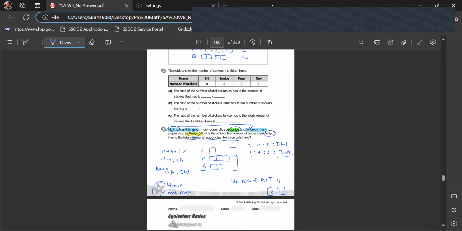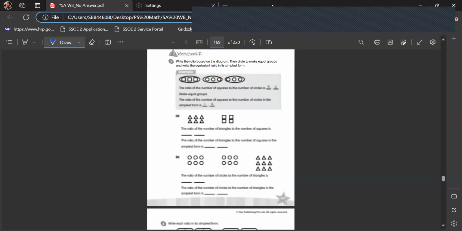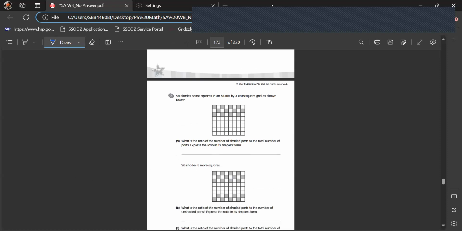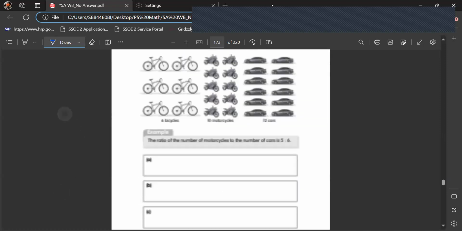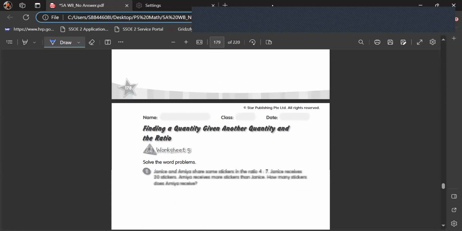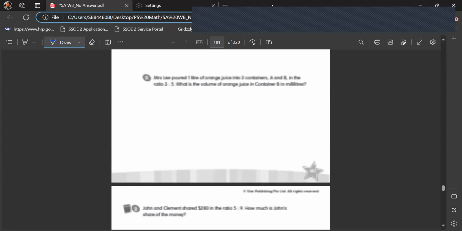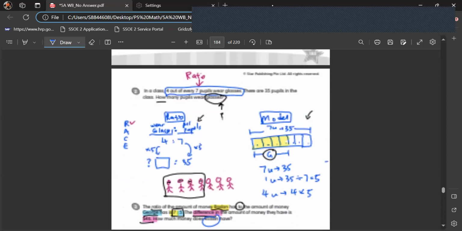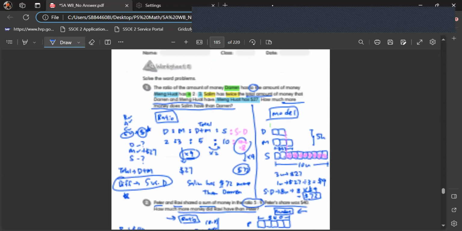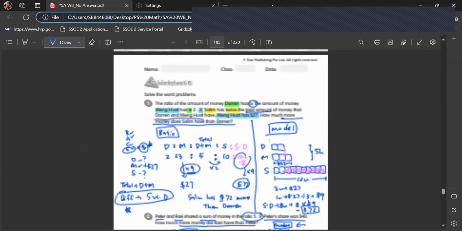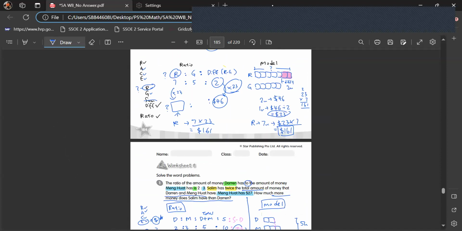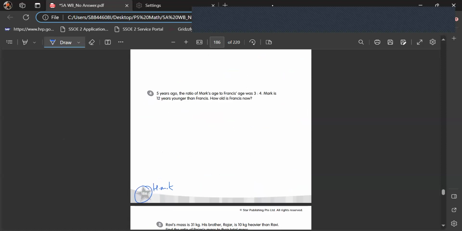Okay, moving. If you haven't seen it yet, I'm recording this so you can go home and take a look at it, okay? Moving on to the set of worksheet on ratio of 2 quantities, which we say that the homework is on page 186.